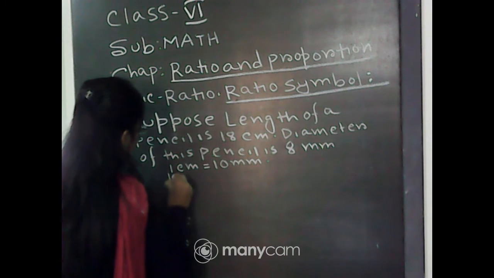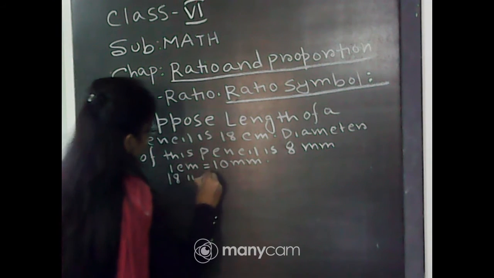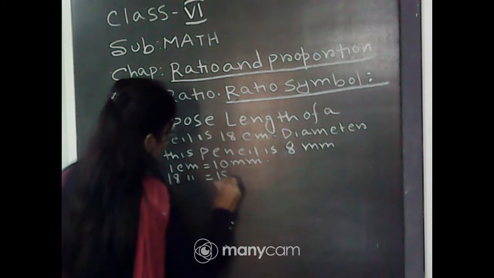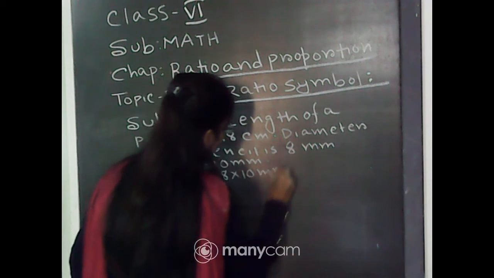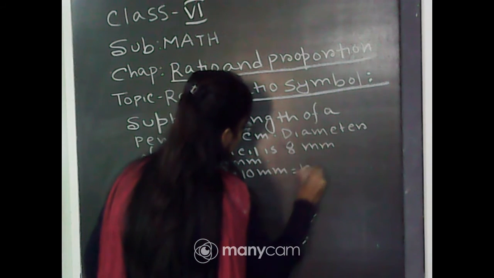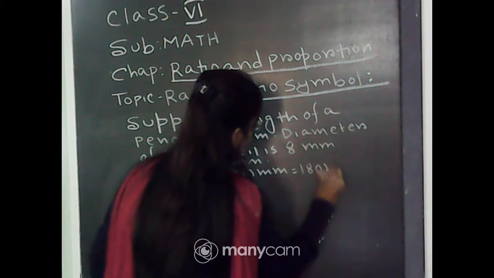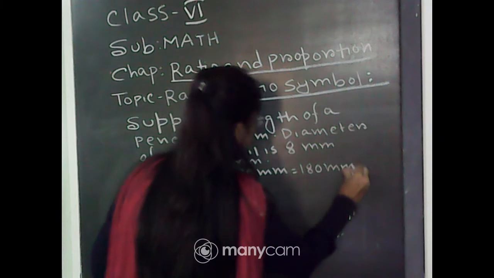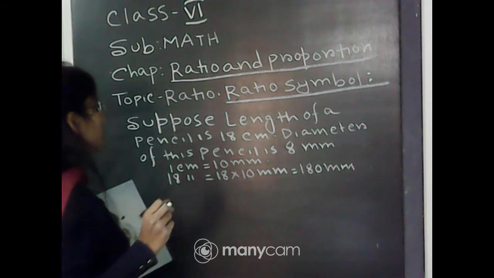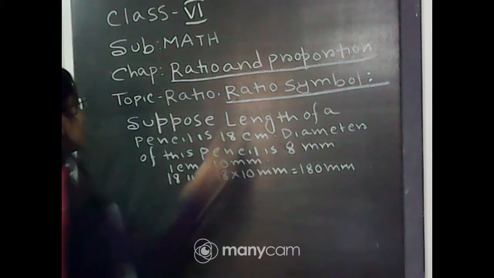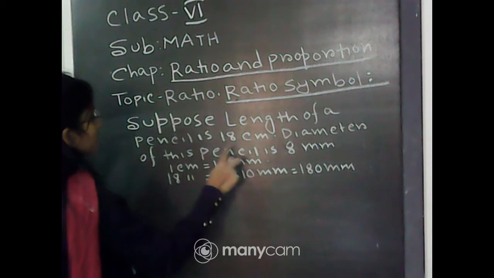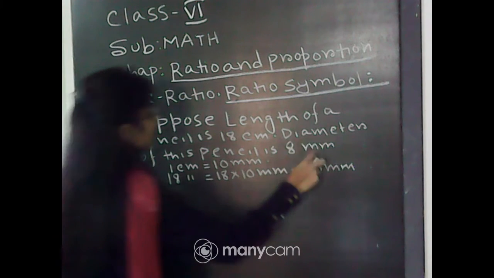Therefore, 18 cm is equal to 18 times 10 mm, which is equal to 180 mm.